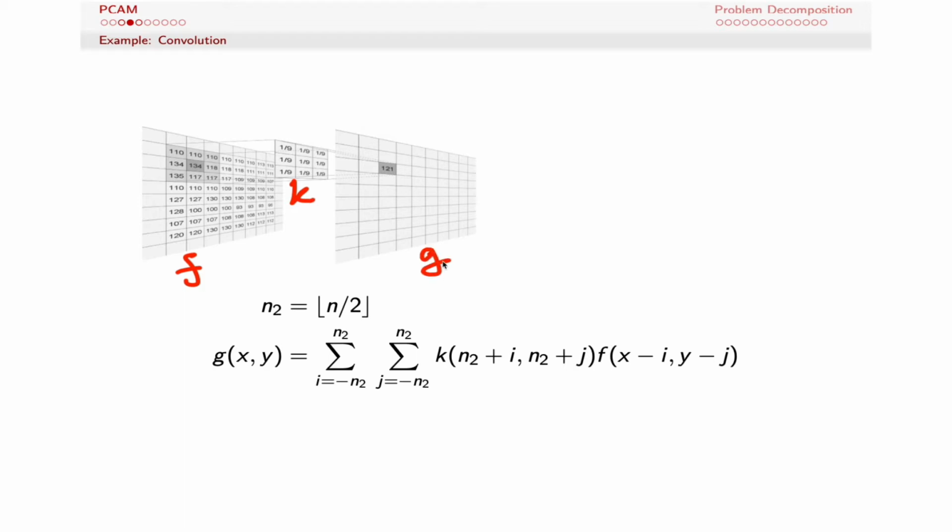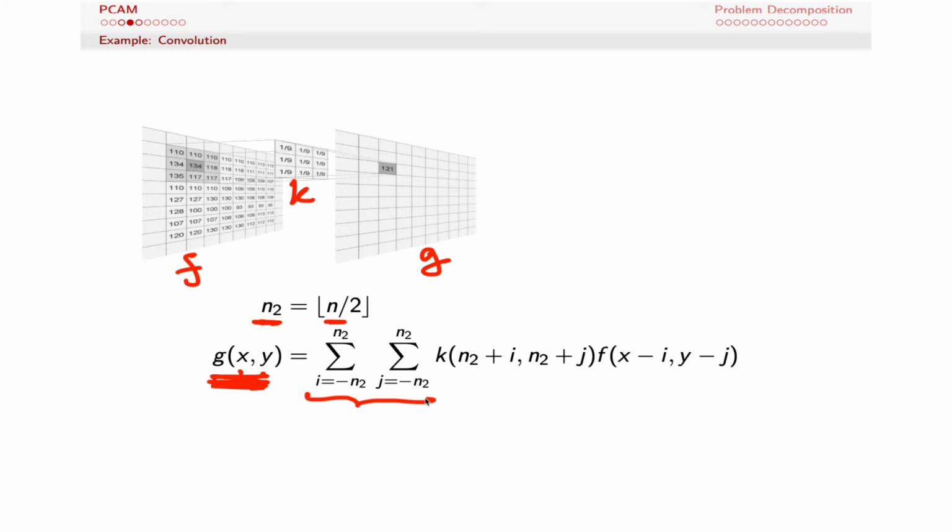To simplify this expression, I'm going to introduce a new variable called n sub 2, which is just half of n. That makes it a little easier to express this as a nested sum. So when we're calculating one value of g, the thing that's at position x,y of the output image, what we want to do is iterate over the kernel across both axes, and that's what this doubly nested summation is doing for us.